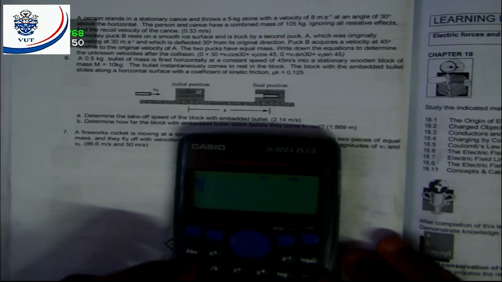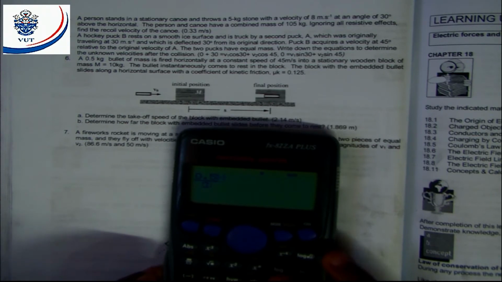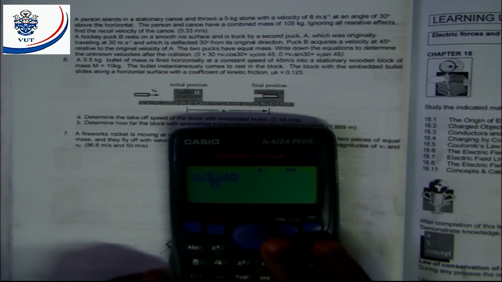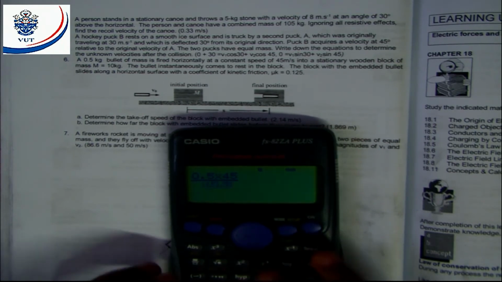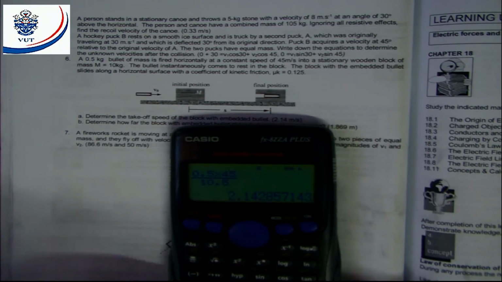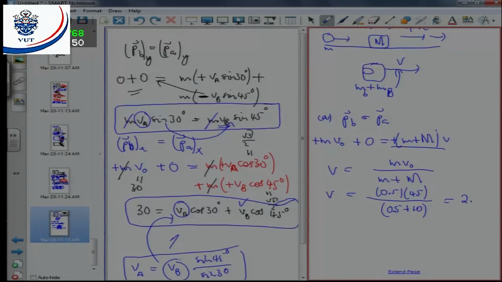So what does this give us? We have a half times 45 over 10.5, which is 10 plus a half, so what we get is 2.14. Our final answer is v is 2.14 meters per second.